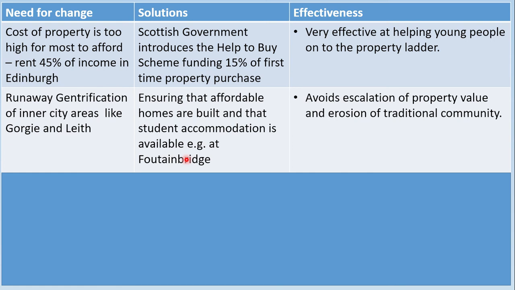So if you're going to build a new block of flats, at least a certain percentage of them have to be affordable homes. And that means that lower income people, poorer people or first time buyers are still able to purchase properties within these areas.